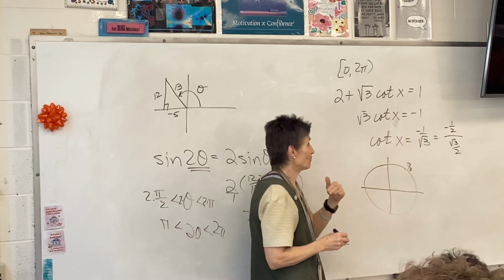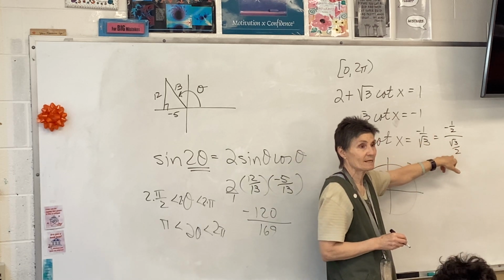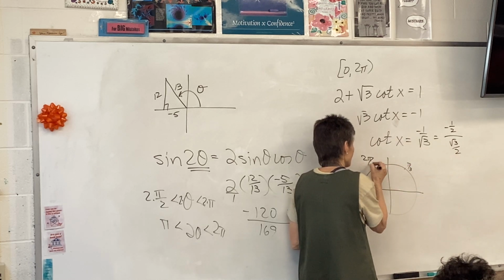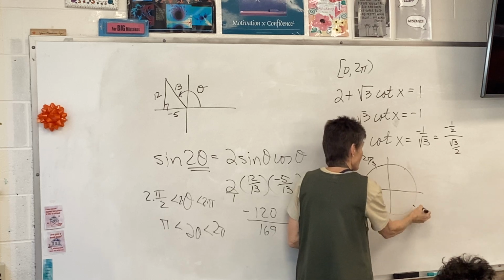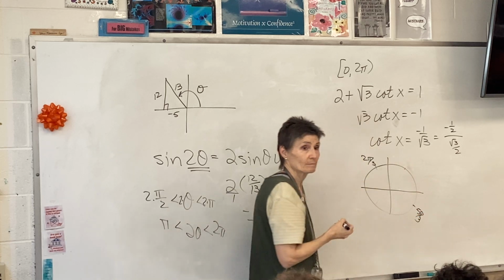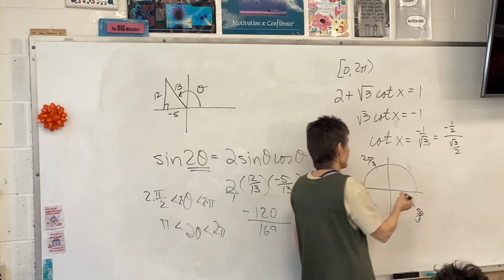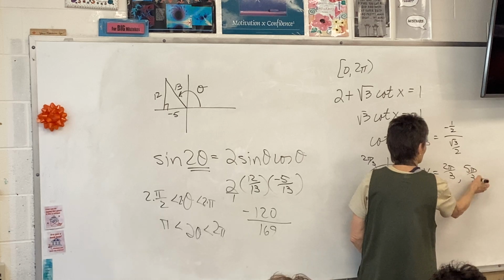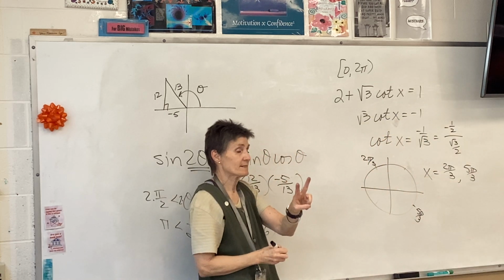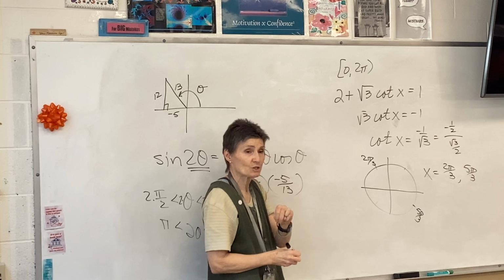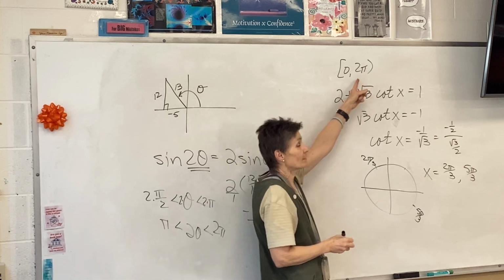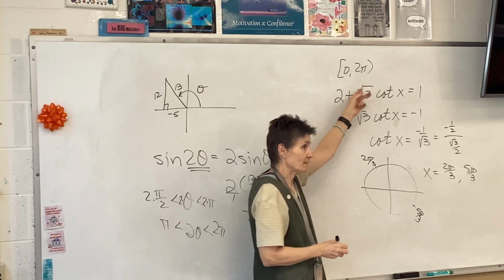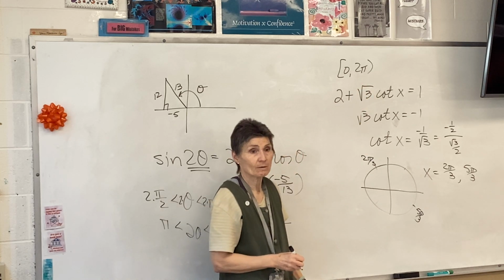But it's not pi over 3 because one of them has to be negative. So it's gotta be this one or this one. So my answers are 2 pi over 3 and 5 pi over 3. Those are the two places where the cotangent is negative in that domain there. Okay? That okay with everybody?